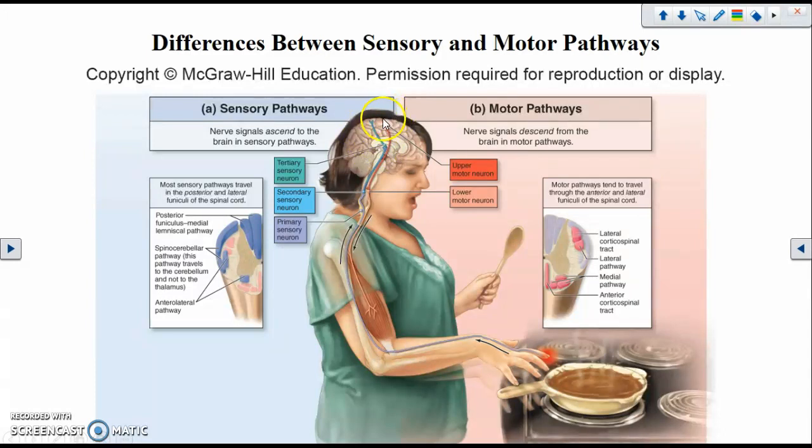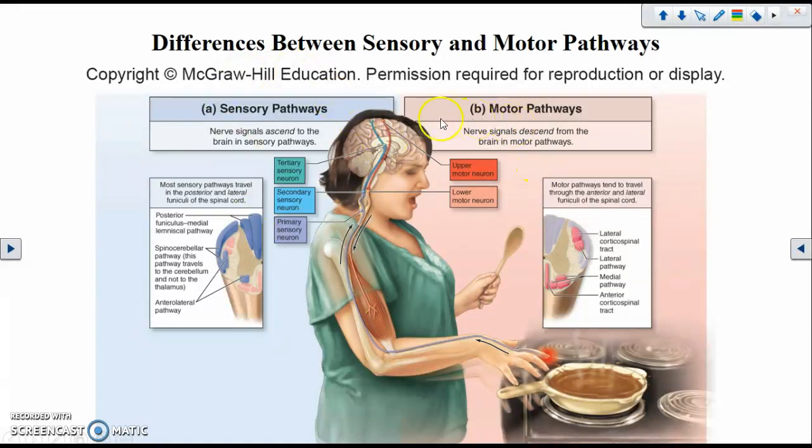Here, because this is the last for sensory, this is the first for motor. The first neuron for the motor pathways originates from the frontal lobe, specifically the motor gyrus of the frontal lobe.